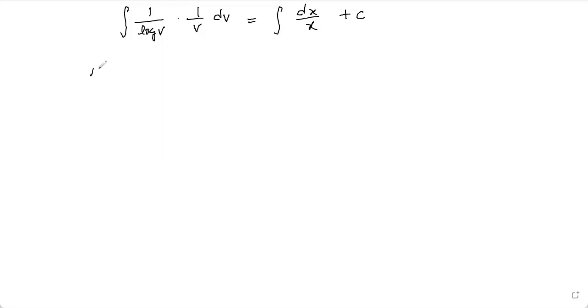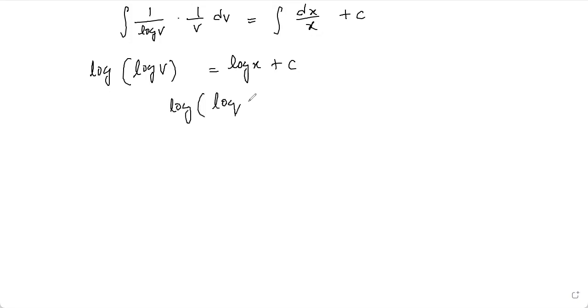And now this will be log of log v, which is equal to log x plus c. Now if you bring it down to the left hand side, this is log of log v, which we write as log of log y by x minus log x is equal to constant.